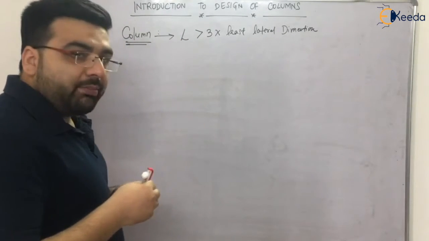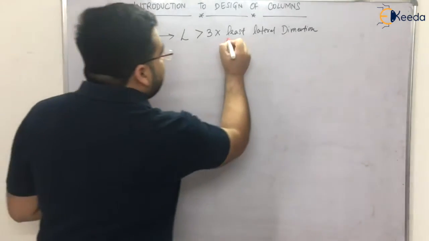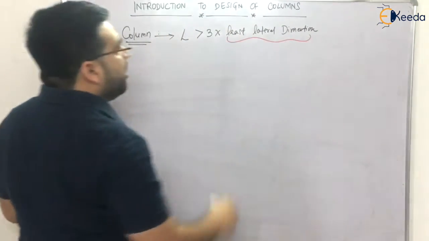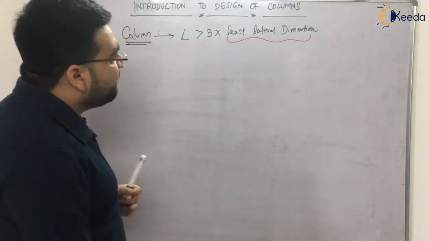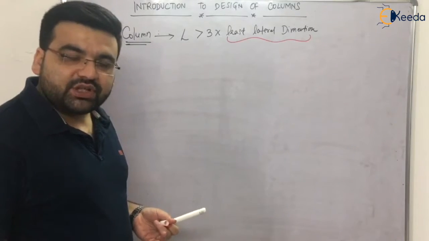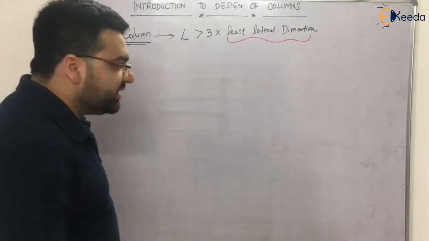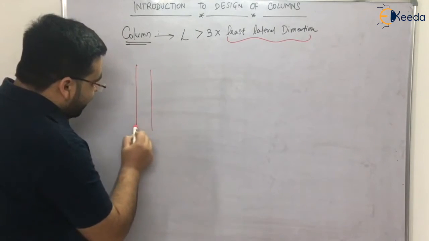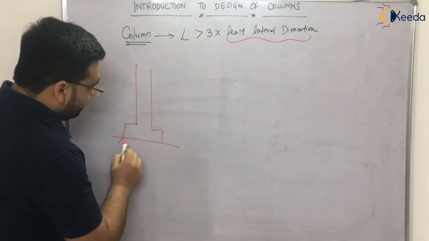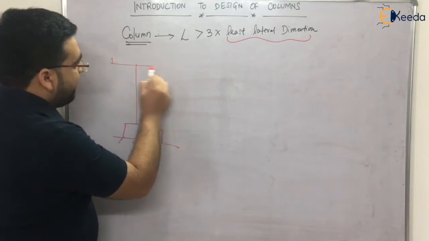Now it is important to understand this term, the least lateral dimension, because it will be used frequently in design of columns. So what does least lateral dimension mean? For example, you have a column. Let us say this is a column, and this is a slab or beam.